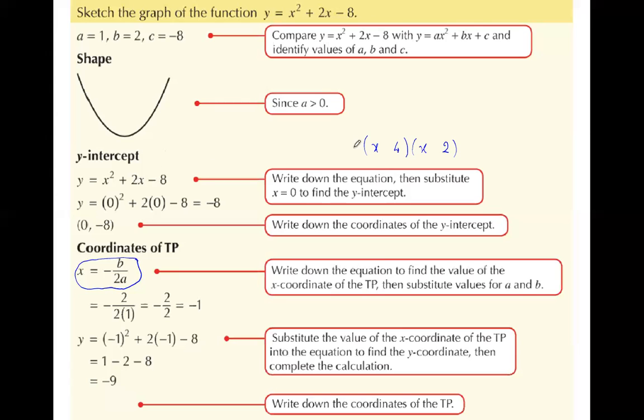So that's why I know this is going to be x plus 4. And to get a negative 8 is 4 times negative 2. Okay, so you could find the roots first. And remember what we said, if you've got the roots, so the roots are x equals negative 4 and x equals 2.